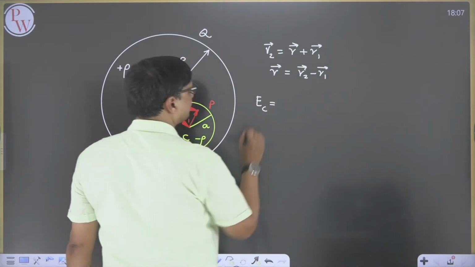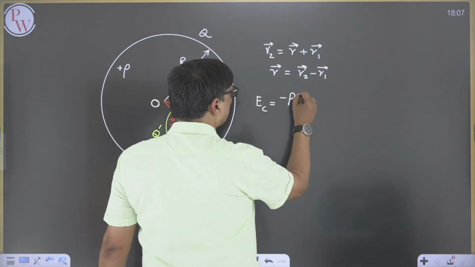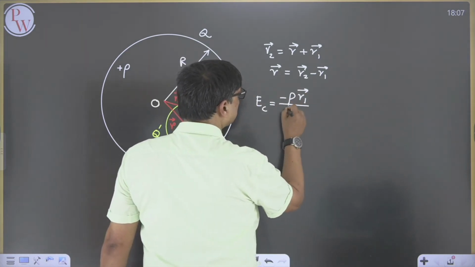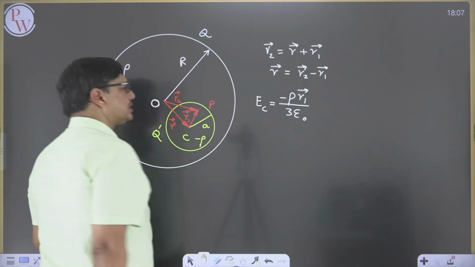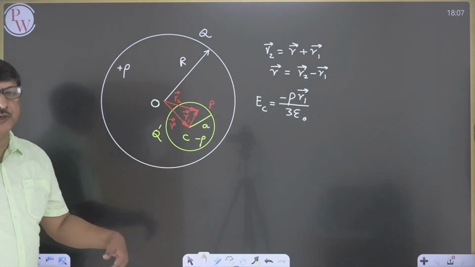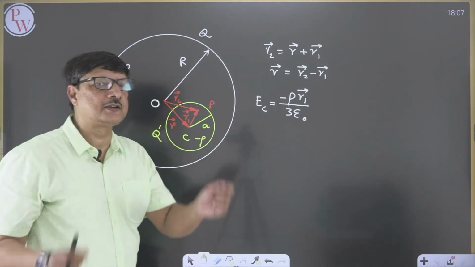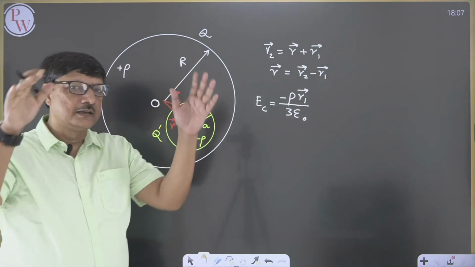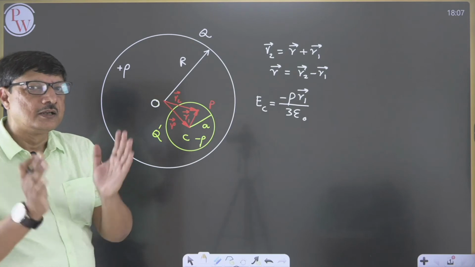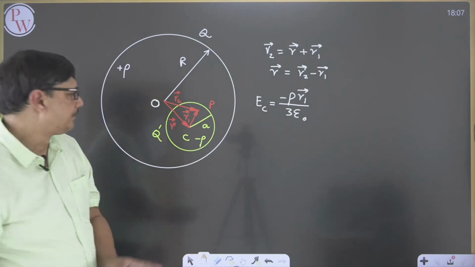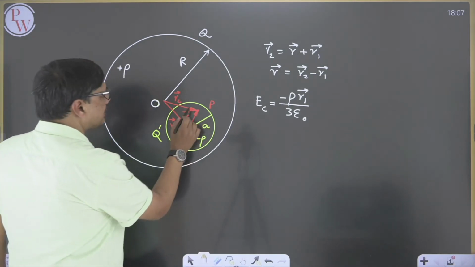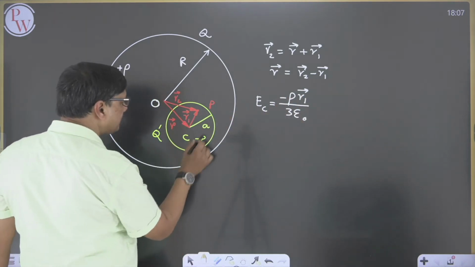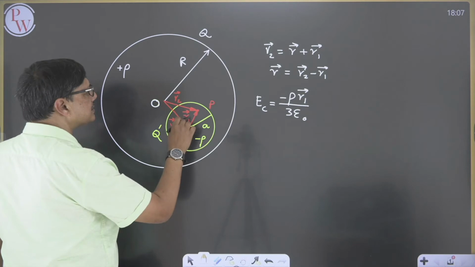EC will be minus rho R1 divided by 3 epsilon naught. Just moments back we discussed what the field will be within a solid sphere made out of non-conductor. Then the field at this point is minus rho R1 by 3 epsilon naught. Negative, because this is negative charge density.